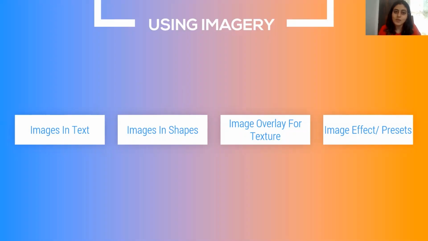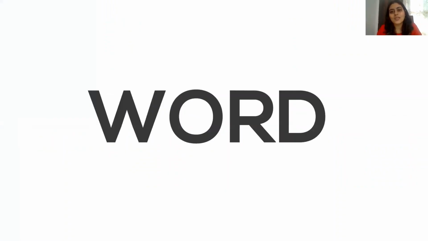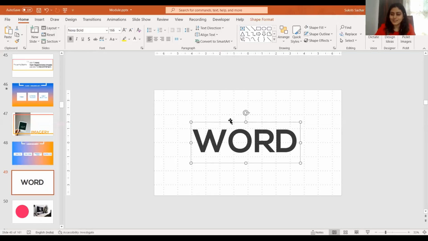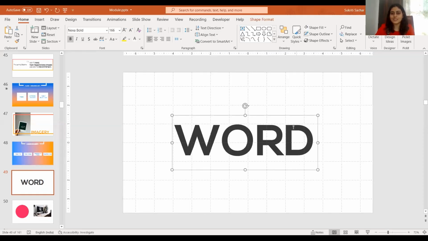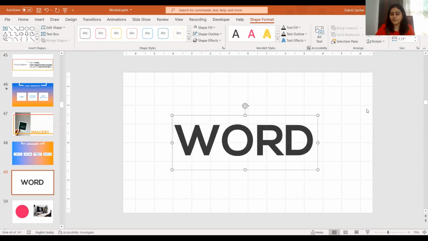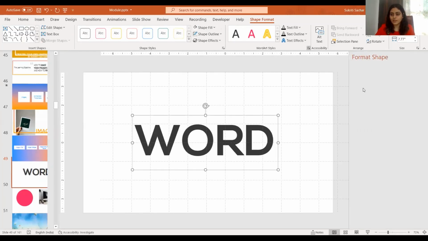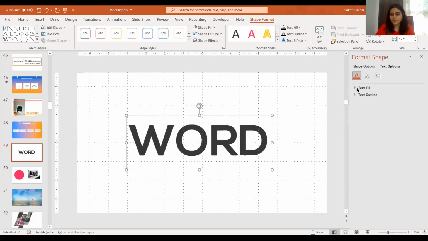Let's start with images inside text. So say you have a word literally on your screen, and I'm going to show you how this works. We have a word on our screen, and what I want to do is place an image inside this word. What we do is we go into text fill, and we see that under solid and gradient, you have something called picture.